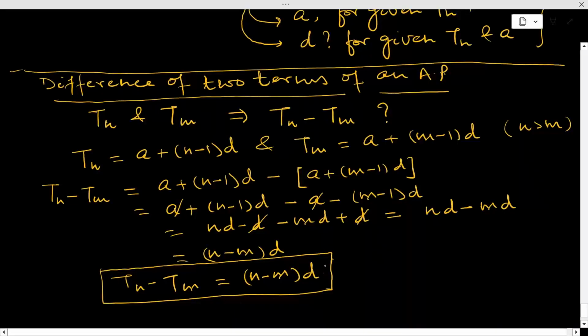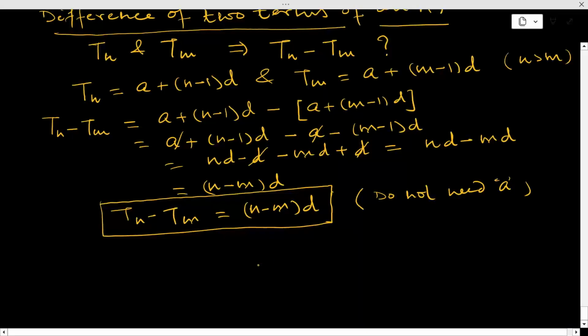As you can see from here, we do not need a here. There is no involvement of a here, so we can easily find the difference between two terms if we have the information about the common difference, because all you need to do is put the value of n and m here and you can easily find the difference.